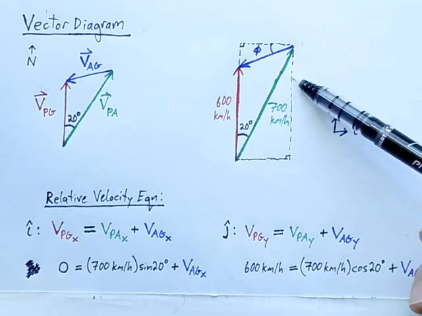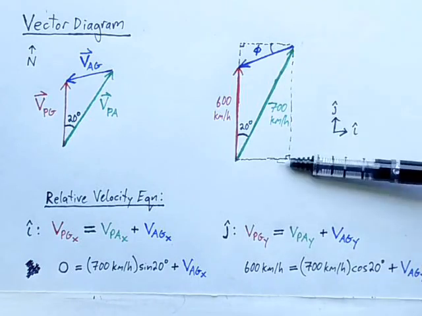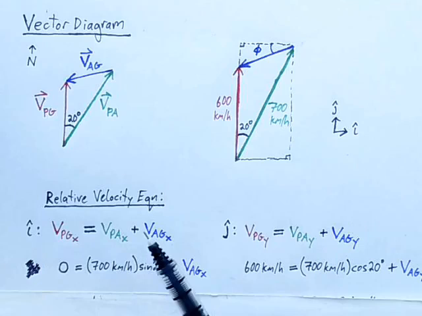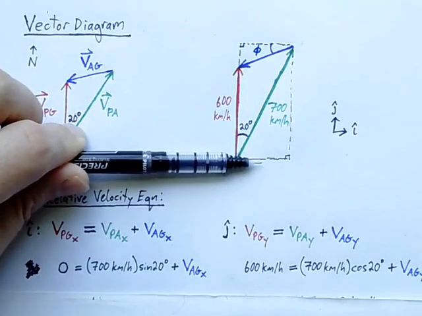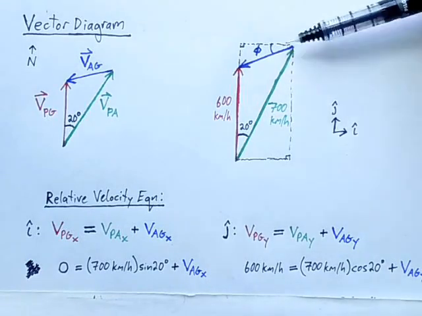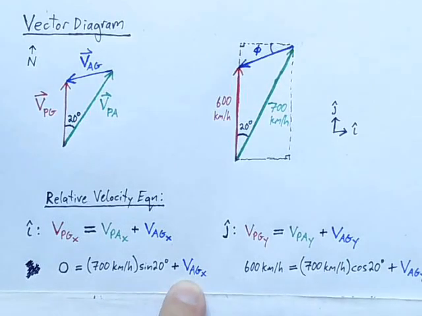So 700 sine of 20 degrees would give us this leg down there. So 700 kilometers per hour times sine 20 degrees gives us VPA x, and that's pointing in the positive x direction. And then this is the unknown x component of the wind velocity that we're trying to solve for. Okay, so we can solve for that one.